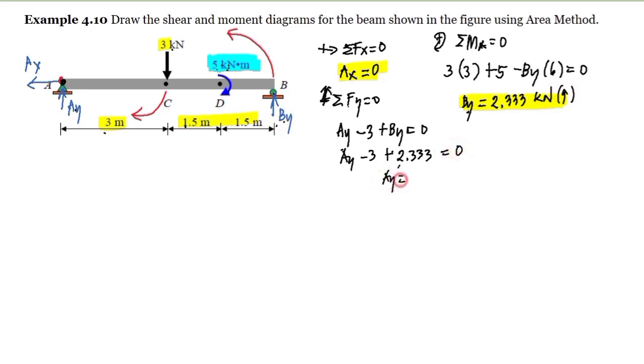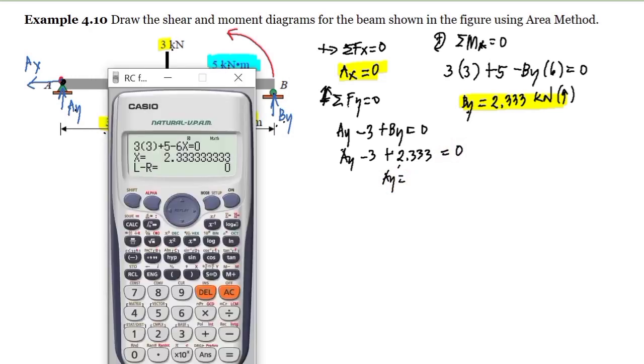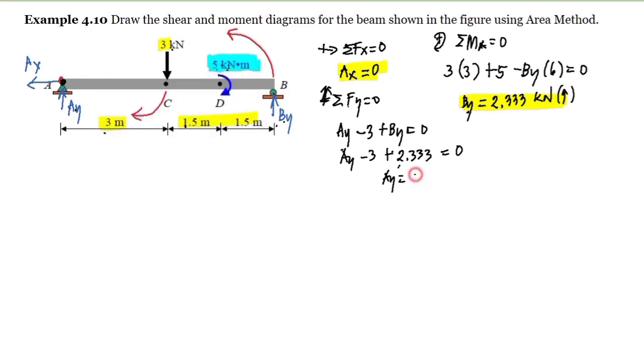And our AY here is the 2.33 minus natin doon sa 3. Magpa-positive kasi sa paglilipat natin sa kabila. So, that would be 0.667 kilonewton.